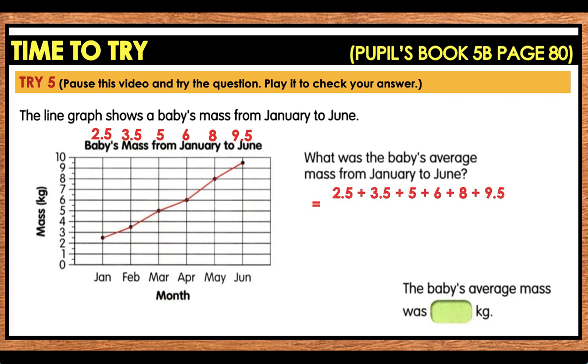So, we can write this as 2.5 plus 3.5 plus 5 plus 6 plus 8 plus 9.5 over 6, or divided by 6. So, you will get 34.5 over 6. So 34.5 divided by 6 is 5.75 kilograms. The baby's average mass was 5.75 kilograms.